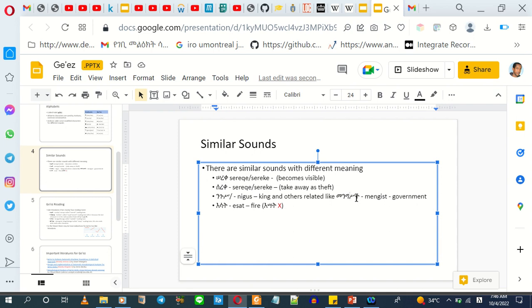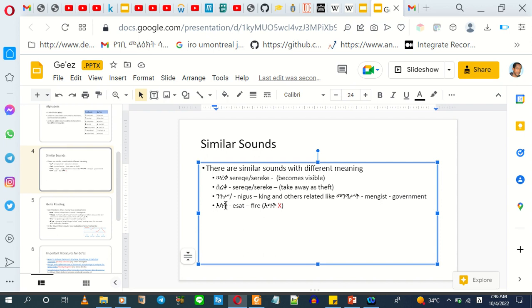We cannot write Mangist like this one. This is unconventional. This character and this character have a similar sound, but the government must be written with this character. There is such a convention in the Ge'ez language.